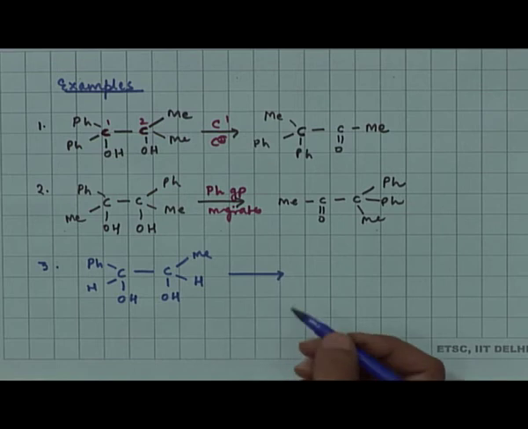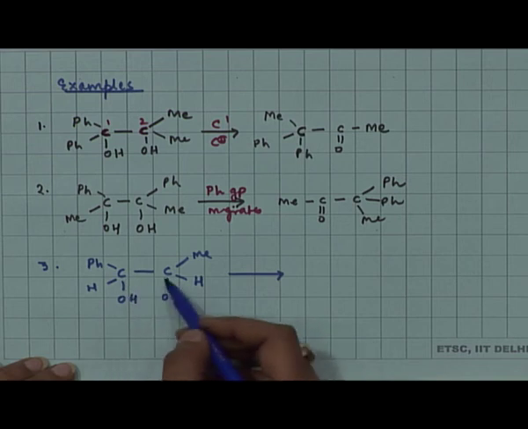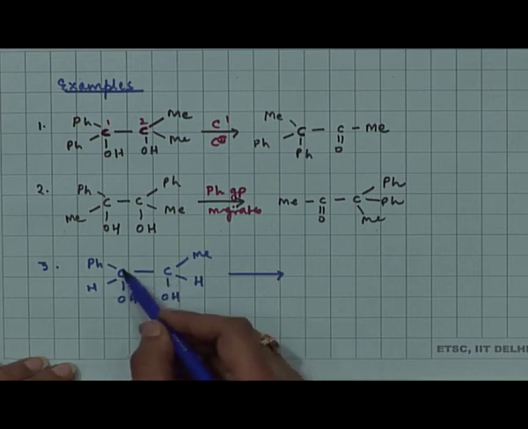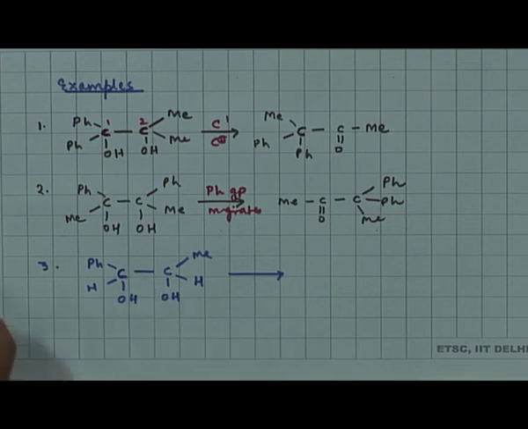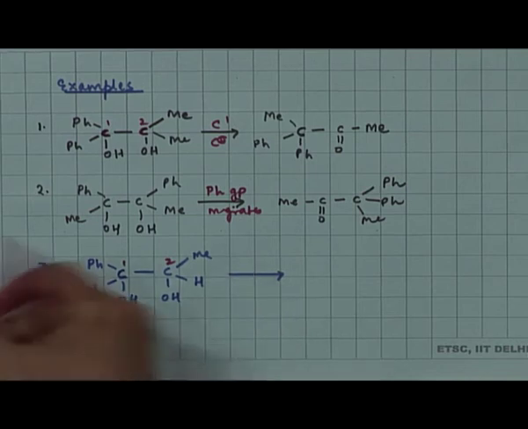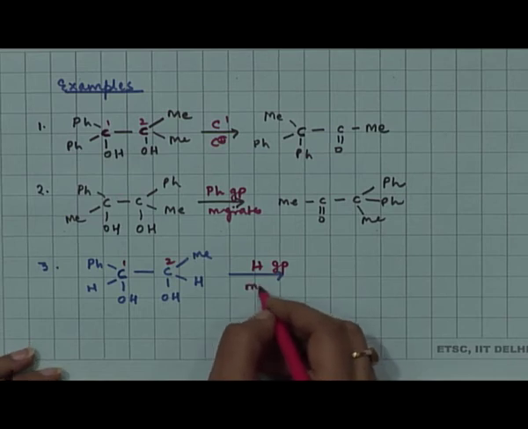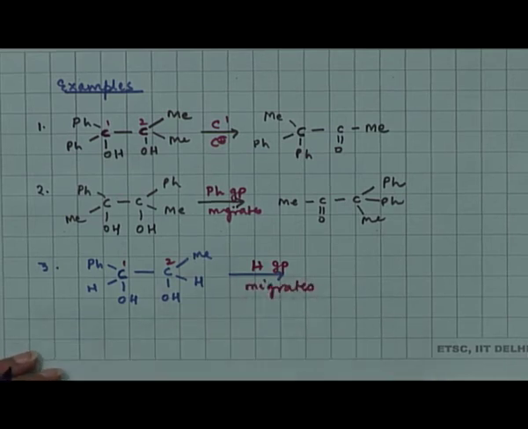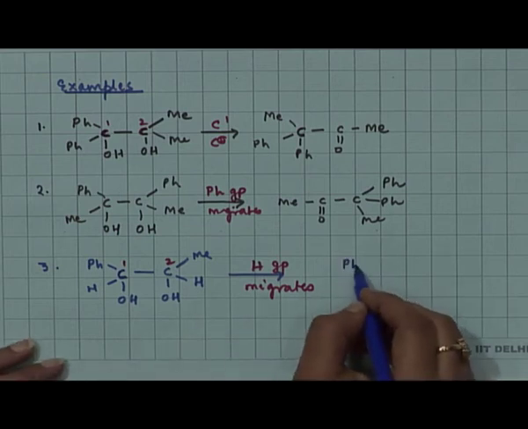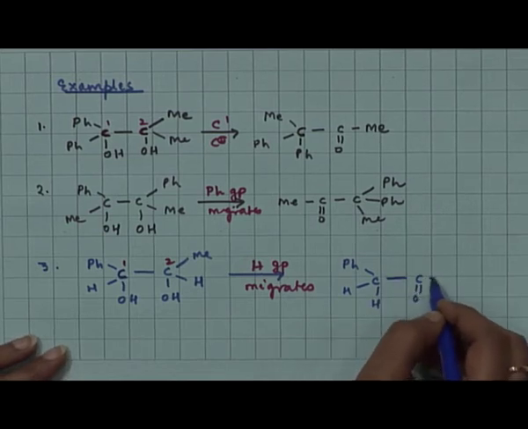In case number 3, again it is not a symmetrical system. So, you have the probability of generating two different carbocations. We think that the carbon 1 which bears the phenyl group is the one which is going to form the carbocation. If it forms the carbocation, then there is going to be a migration of either the methyl or the hydrogen, and we have seen that the migratory aptitude of hydrogen is the maximum. So, this hydride migrates and the product which you get will be this.